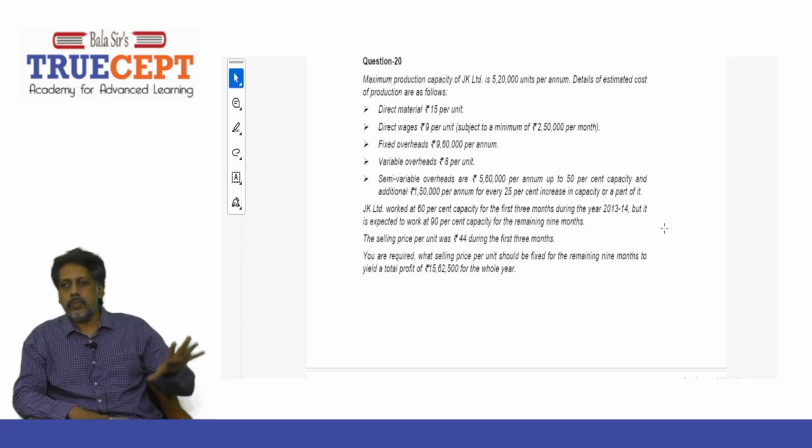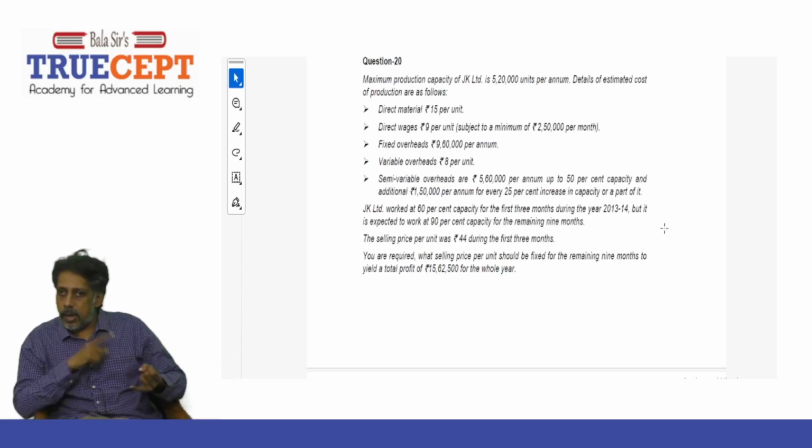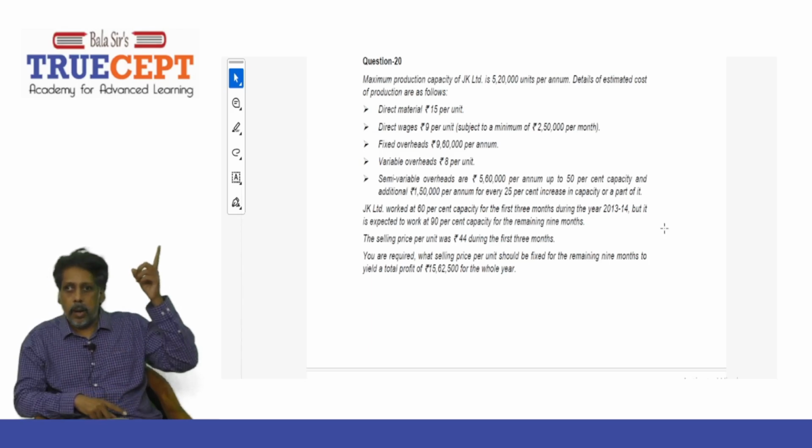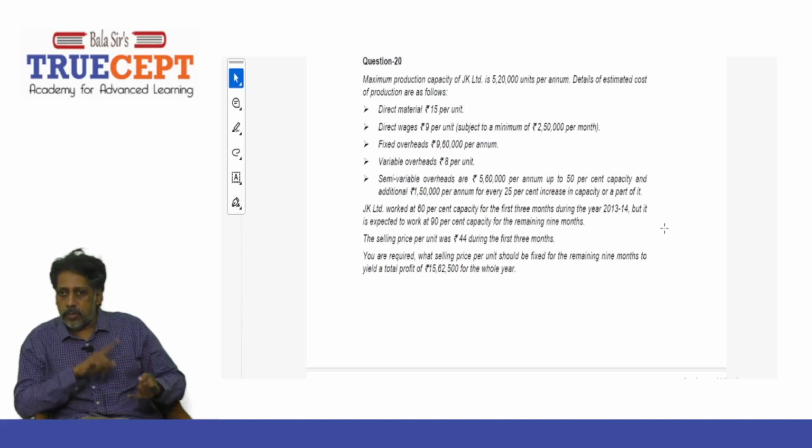It is going to be 9,60,000 per annum. And what is a variable overhead? Example, power consumption, which depends on the number of units produced, rupees 8 per unit.